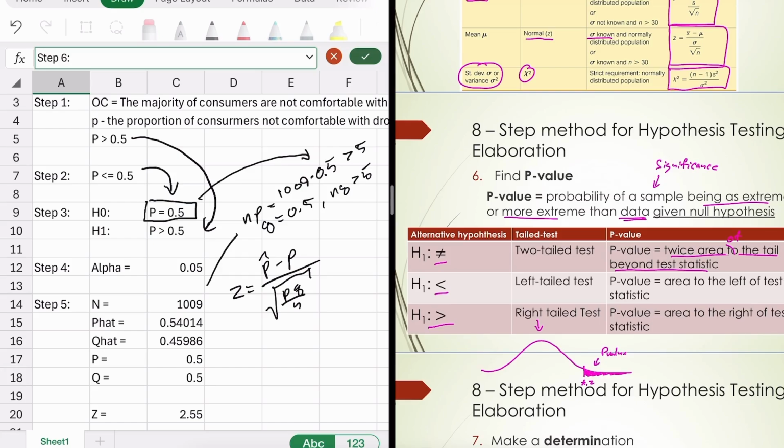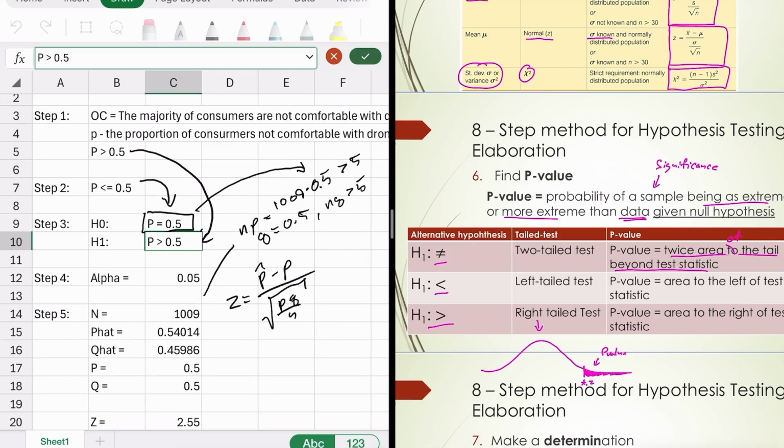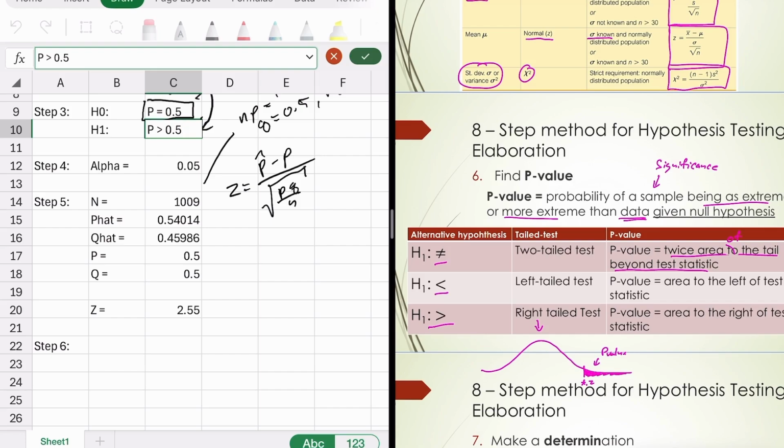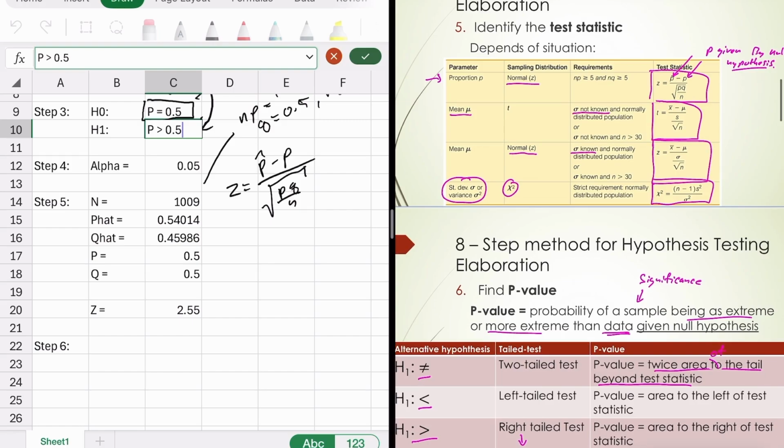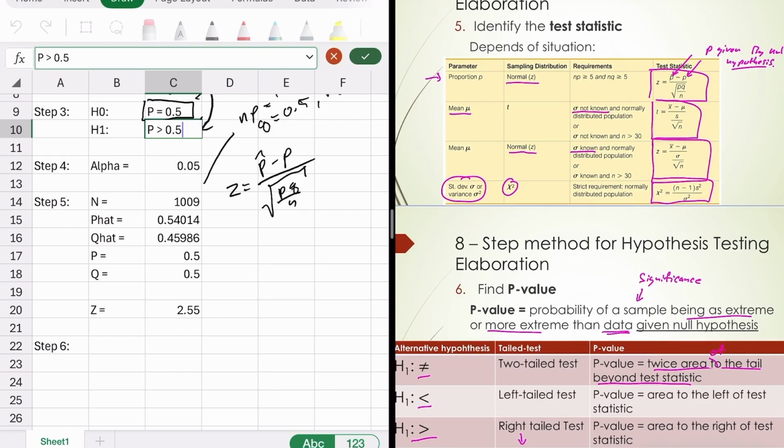The alternative hypothesis is right here. Is it not equal to, less than, or greater than? Well, it's greater than. So this is a right-tailed test. The p-value is the area to the right of the test statistic, and the test statistic is normally distributed. We can see that right here, normally distributed.